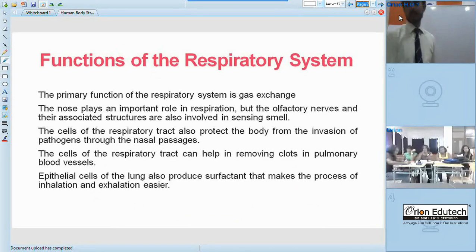What are the functions of the respiratory system? So you can write it down. The main functions of the respiratory system.